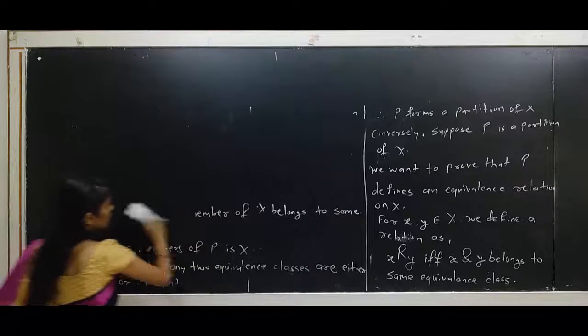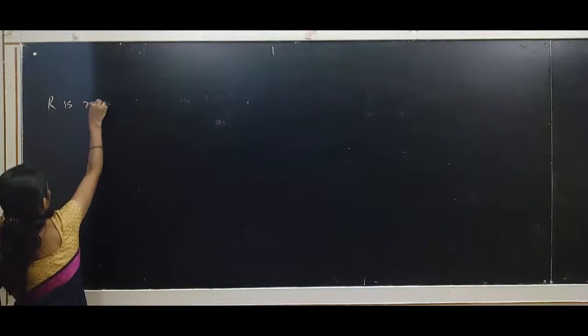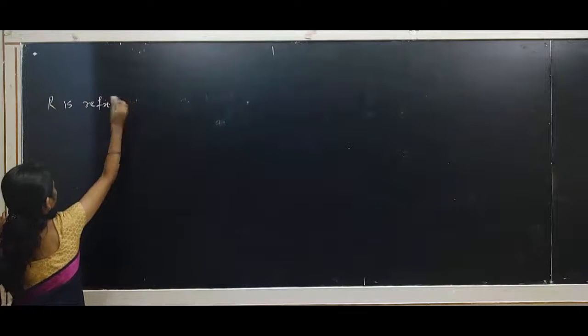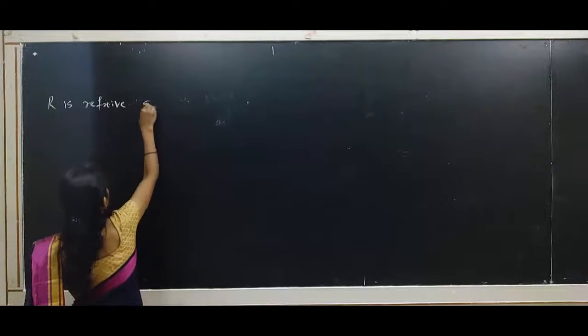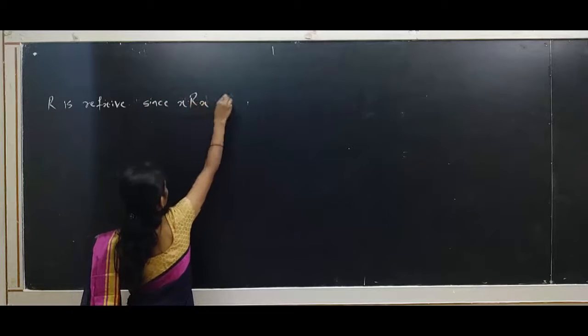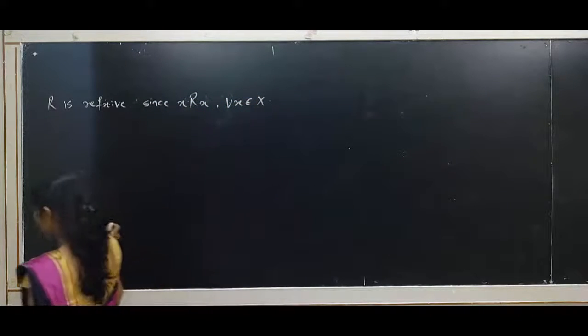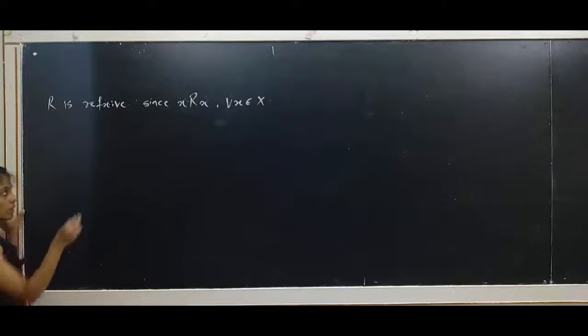Okay. So for reflexivity, relation R is reflexive since x related to x for every x belongs to set X. Now we want to show that it is symmetric.